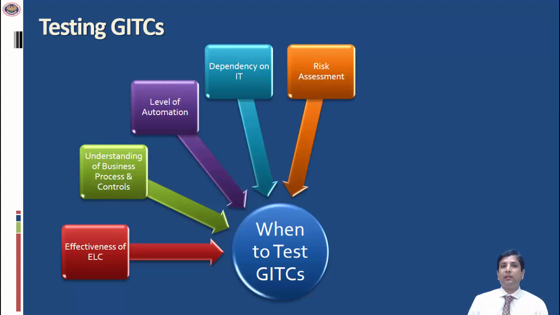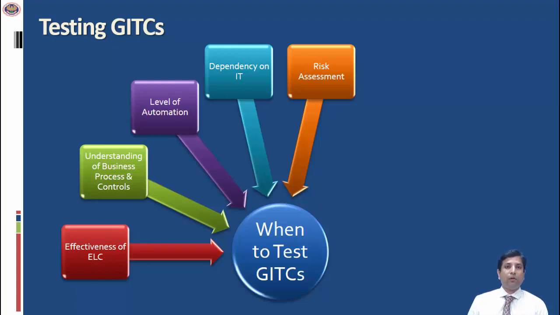Another factor to consider is the risk assessment. What is the company's risk assessment on general information technology controls? What is our risk assessment as auditors on the general information technology controls? The risk assessment basically rates each of the controls as high, medium, and low.